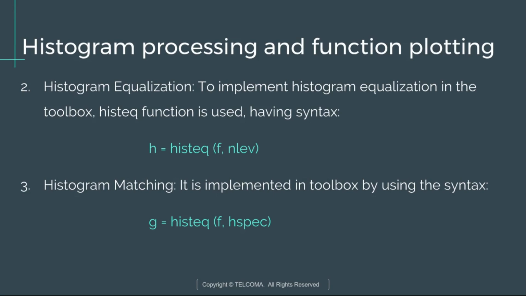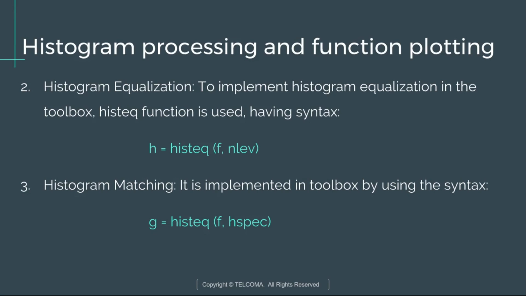The toolbox implements histogram matching using the following syntax in histeq, as g = histeq(f, hspec), where f is the input image, hspec is the specified histogram, and g is the output image whose histogram approximates the specified histogram hspec.